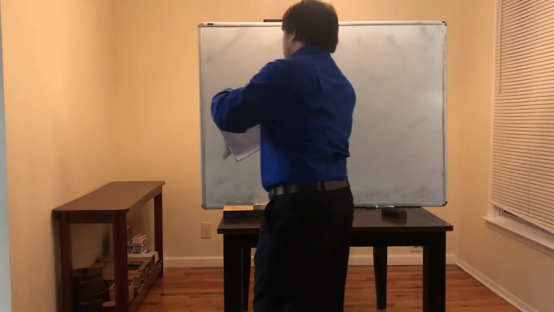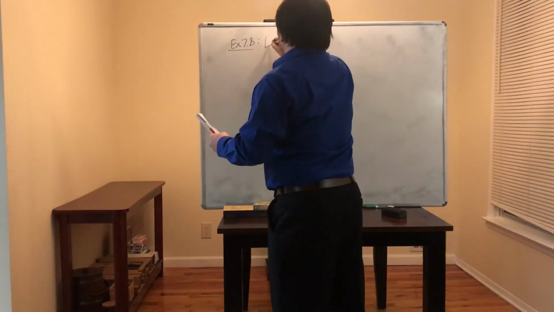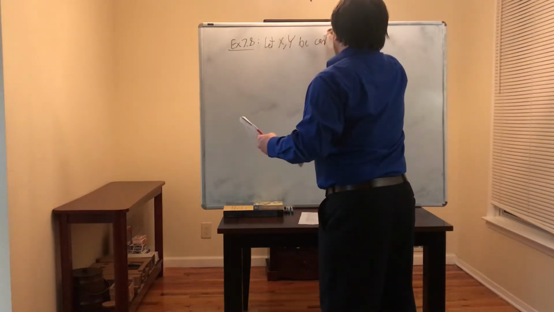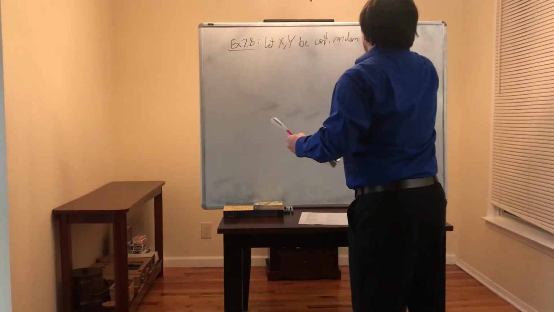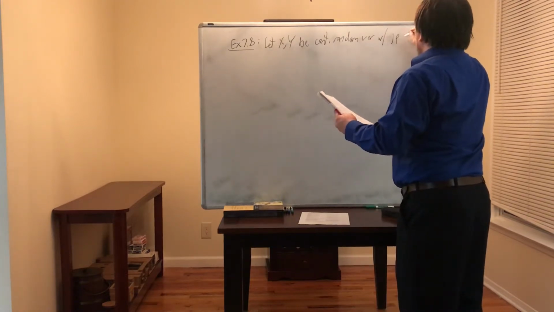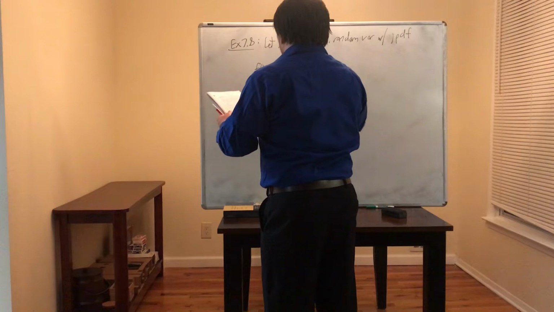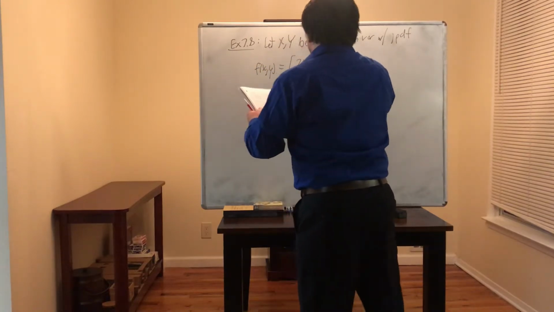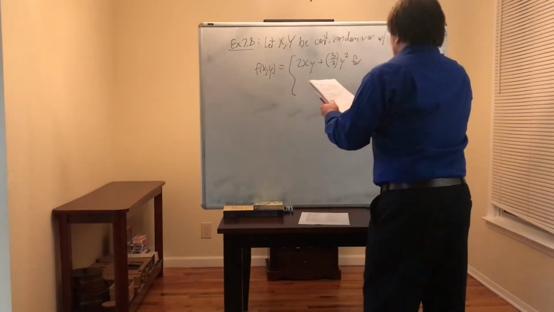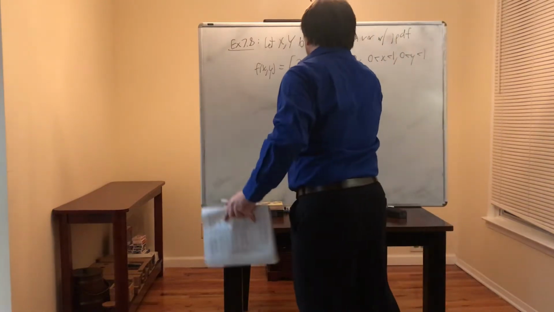So example 7.8. Let x and y be continuous random variables with joint PDF, joint probability density function, f of x comma y equal to 2xy plus 3/2 y squared for 0 less than x less than 1, 0 less than y less than 1, and 0 elsewhere.